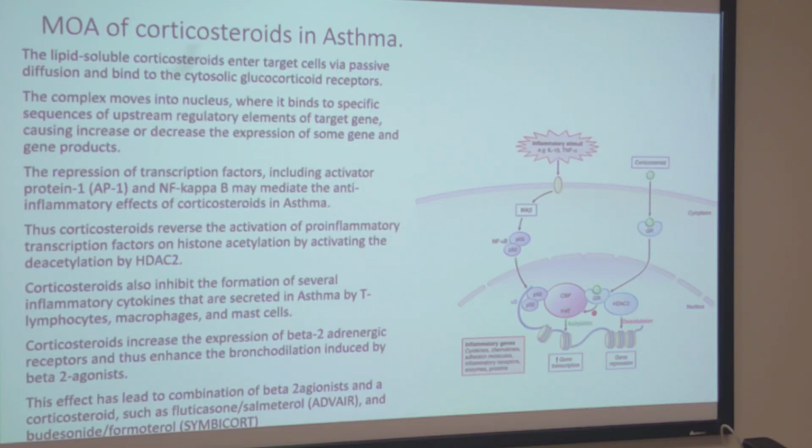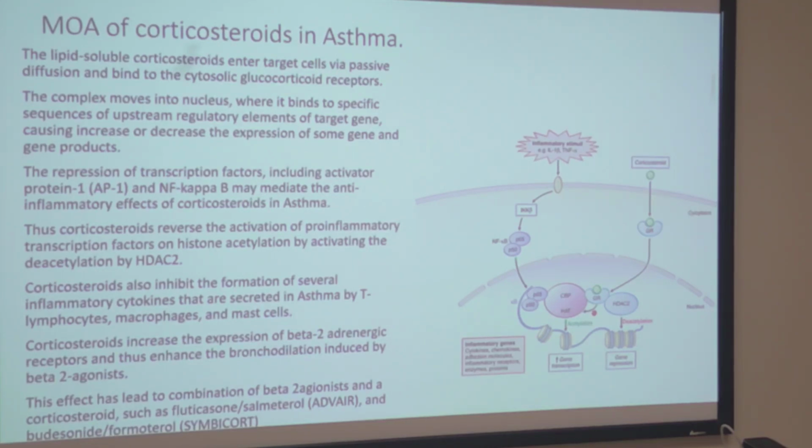Now, if you increase beta-adrenergic receptors by corticosteroid, can you add a beta-adrenergic agonist along with the corticosteroid? If you combine a corticosteroid and a beta-adrenergic agonist, then the result is much more bronchodilation, much more relief. That's what they did in these two drugs, the fluticasone and salmeterol combination, Advair, or the budesonide and formoterol, Symbicort. That is the combination therapy.